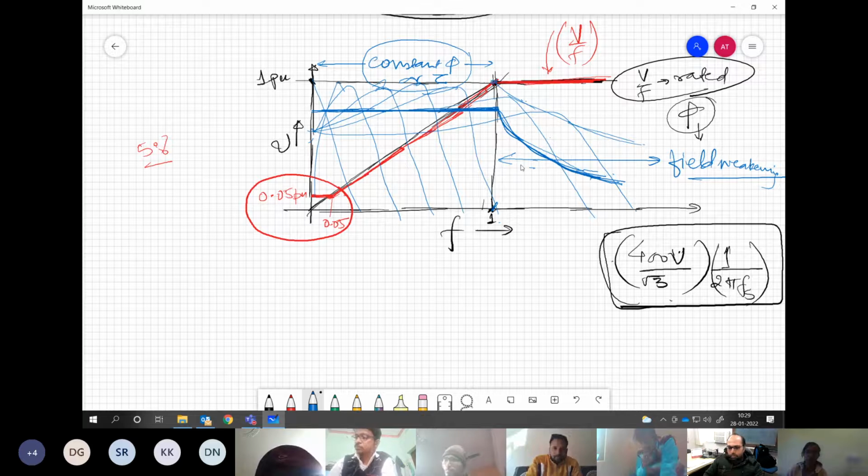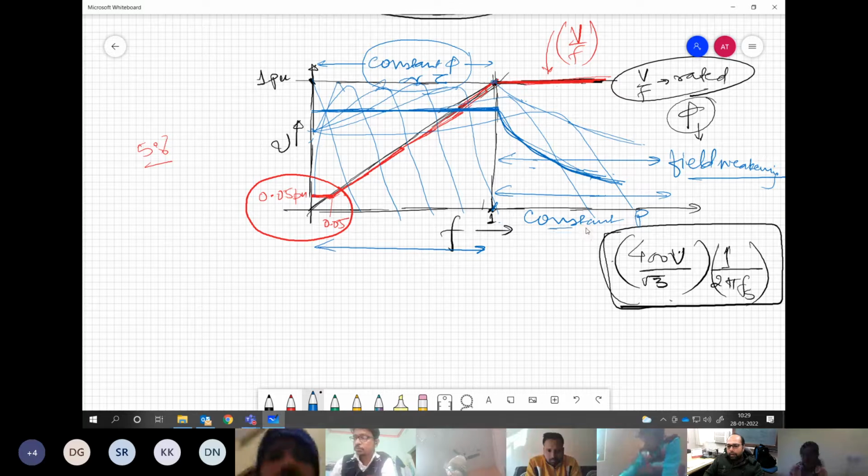Yes, sir. Also, this field weakening zone may also be called the constant power zone because as our torque is reducing, the speed is increasing. So the product, the power, remains constant. That's the rated power. You cannot take anything beyond that.